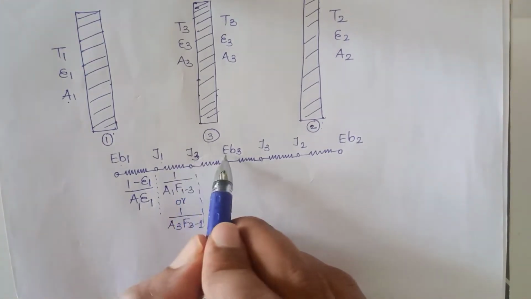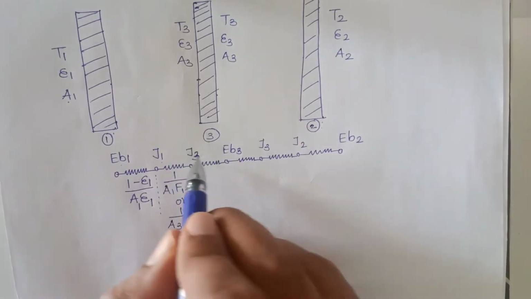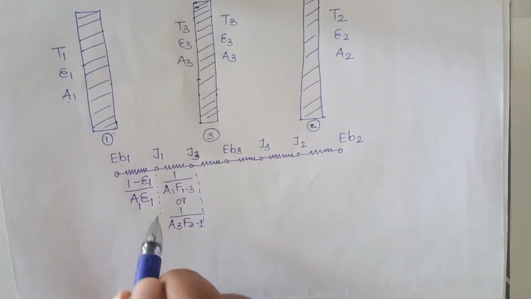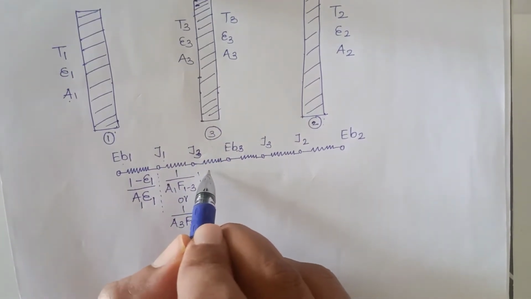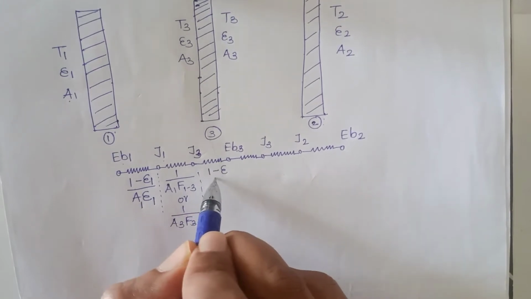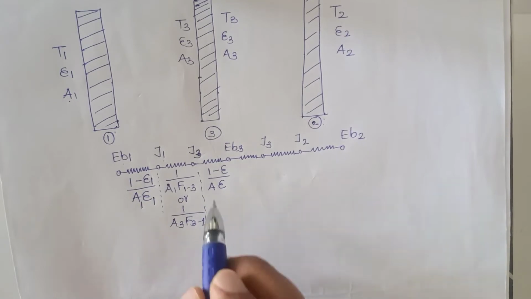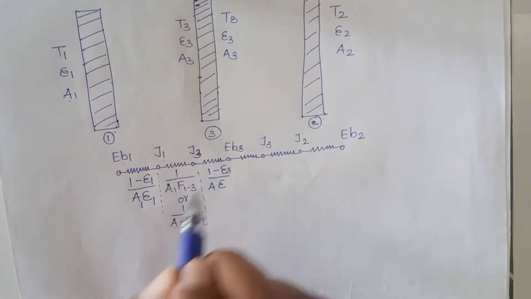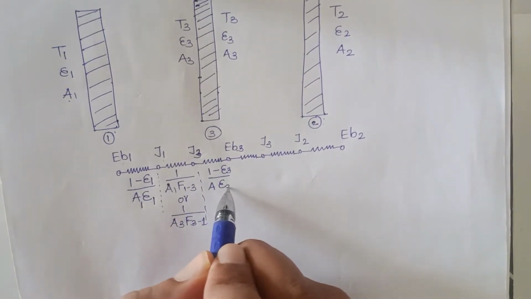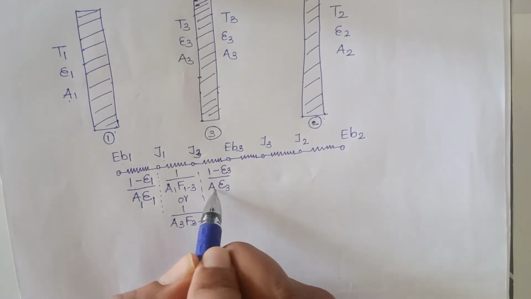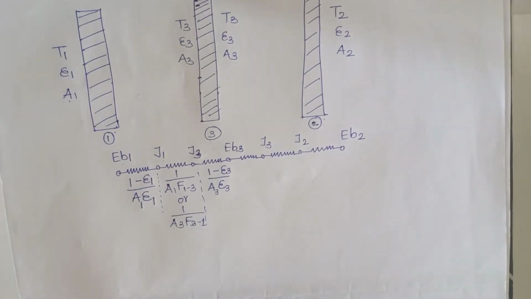Now surface resistance for the third surface between J3 and EB3. Again the basic formula will remain the same, (1 minus epsilon) upon A epsilon, with the only difference that this emissivity will be for the third surface, and area for the third surface as well.